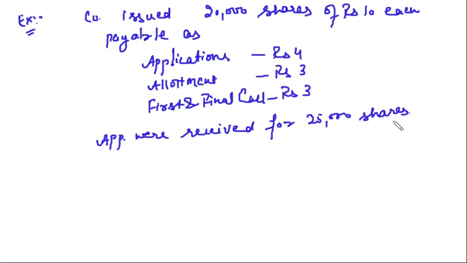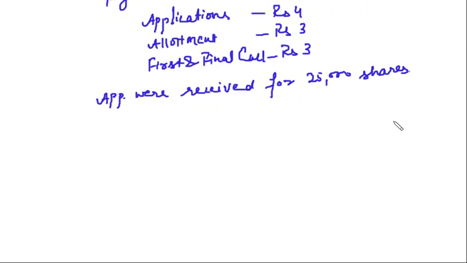You issued 20,000 shares, you received applications for 25,000 shares. This much is clear. Along with the applications, you received the application money. How much is payable at the time of application? Rupees 4. Let's do the solution. Shares issued. How much are the shares issued? 20,000.